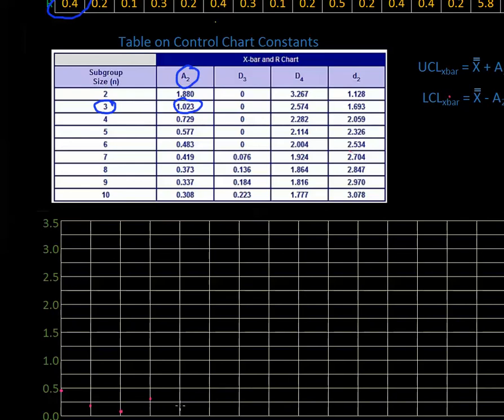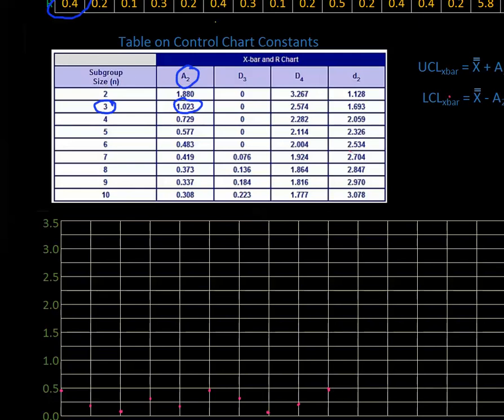And we can plot these. Here's our 0.4, just like we did with the X bar, we can do the same thing with the range. So we can determine if our range is in control. 0.1, 0.2, we have a 0.5.